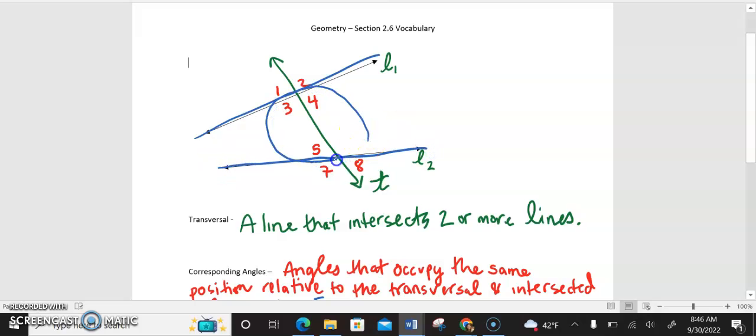These angles are in the interior. They're in between the 2 lines. So in between the 2 lines means they're interior, but then alternate means one's on the left and one's on the right. So I have two sets of alternate interior angles, angle 5 and angle 4, and then angle 3 and angle 6.